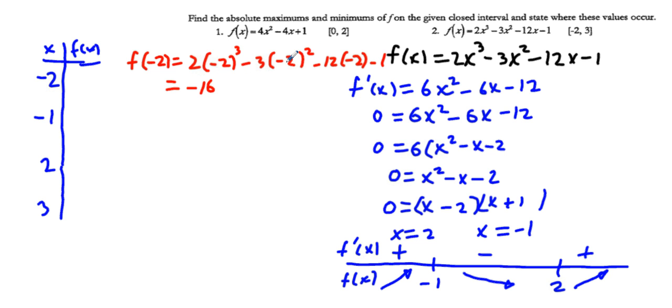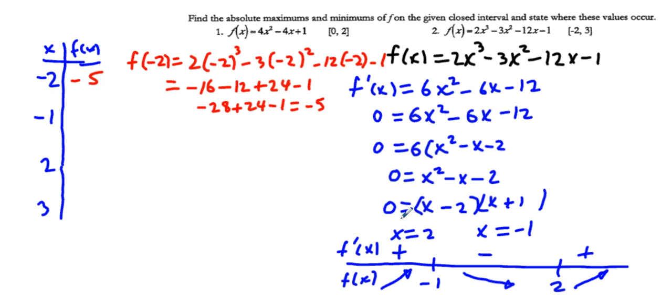Then -2 squared is 4, times 3 is 12, so minus 12. Then minus 12 times -2 is positive 24, minus 1. So we have -28 plus 24 minus 1, which is -4 minus 1, which is -5. So -5 is one of our candidates.